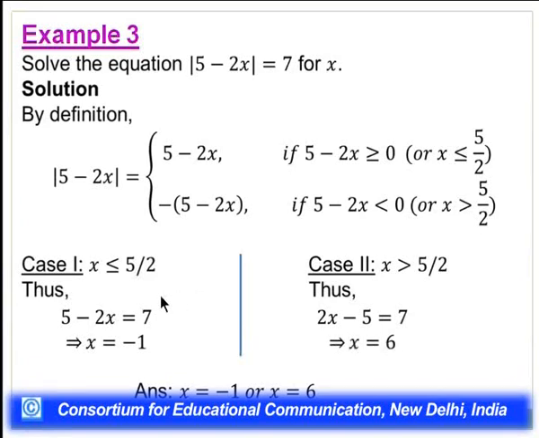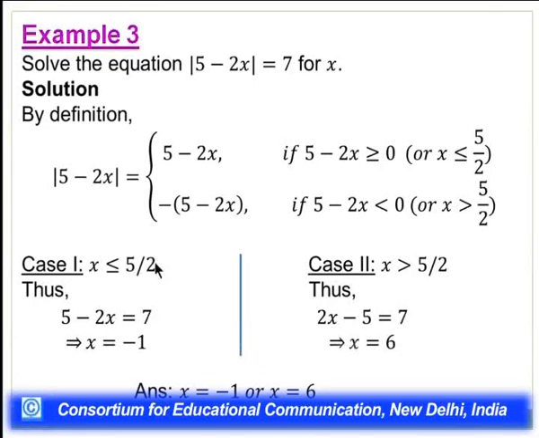So let's examine these two cases separately, and we'll combine them to find our final solution. Our first case is one where x is less than or equal to 5 by 2.